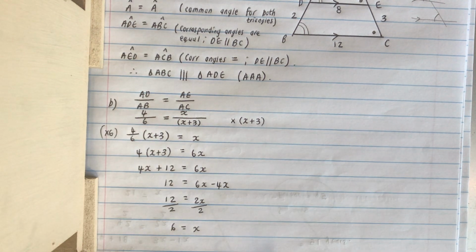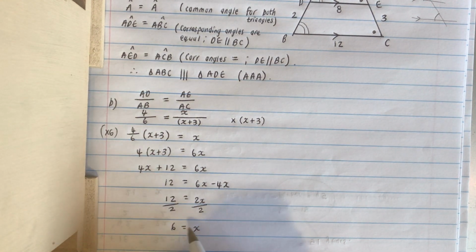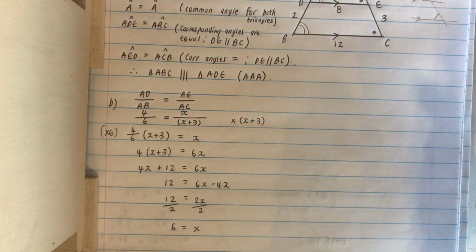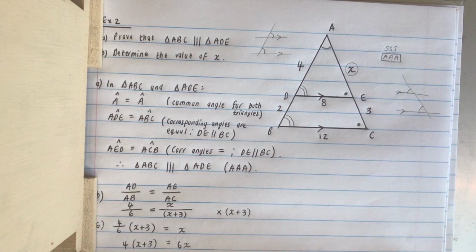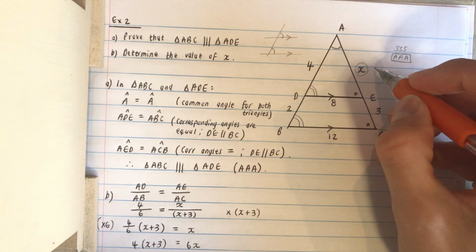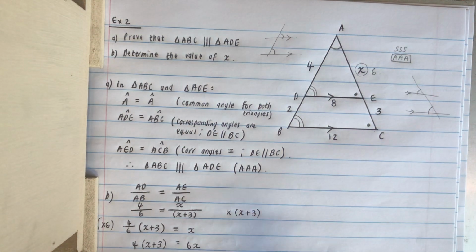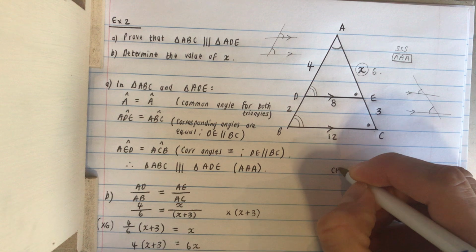Now you can check your answer. So x is equal to 6. Let's go back to the drawing. If we say this is 6 now, let's see if the proportions are still the same. So let's say here, check.